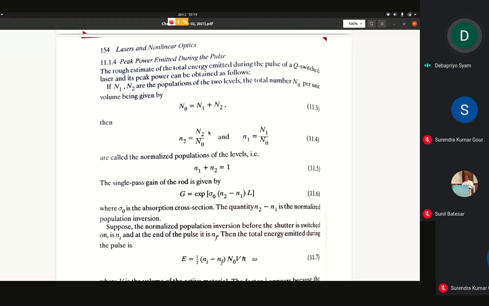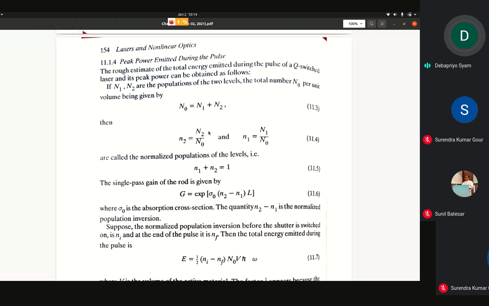You can ignore the population. So basically, it's the sum of the populations of the ground state, N1, and the metastable state, N2, which is equal to N0. They have defined normalized populations, writing them as small n2 and small n1. The sum of this has to be equal to 1, and then the single pass gain of the rod is given by this.